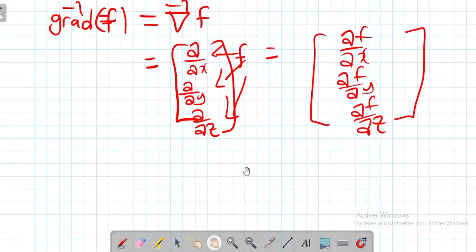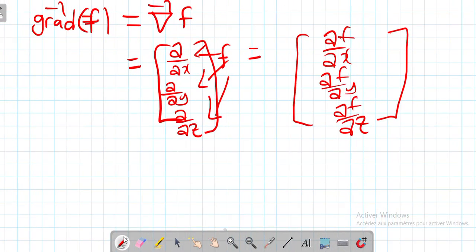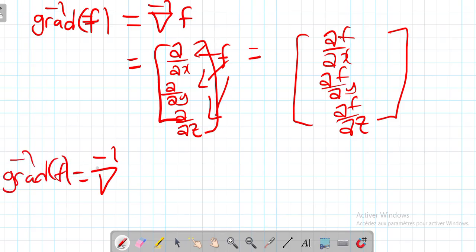Now, how about in other coordinate systems? You just have to identify what nabla is in the cylindrical coordinate system. They will specify, find the gradient in the cylindrical coordinate system. So the formula doesn't change. The gradient of that function is nabla f, which is equal to what? Your only job is to know.